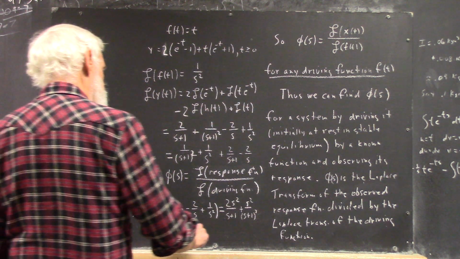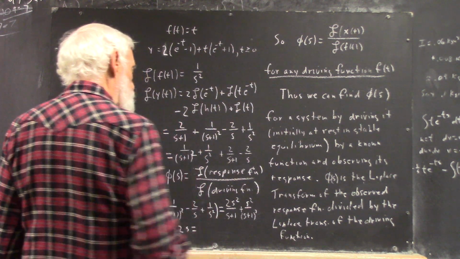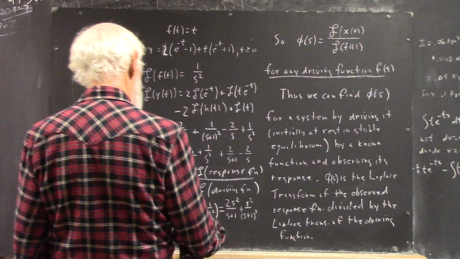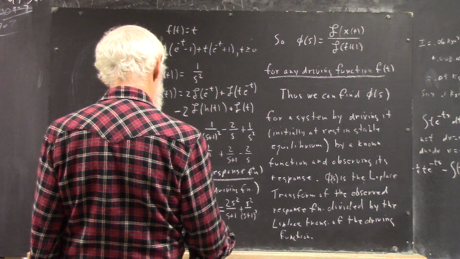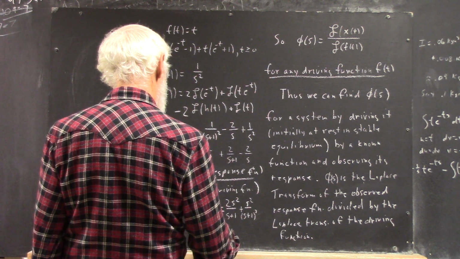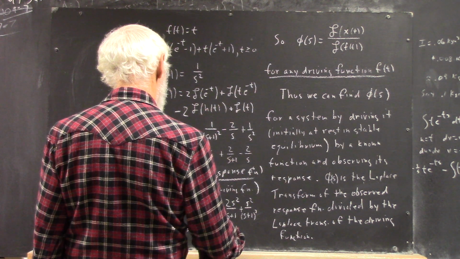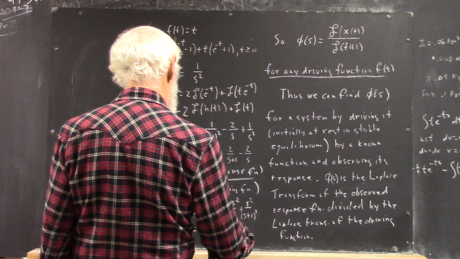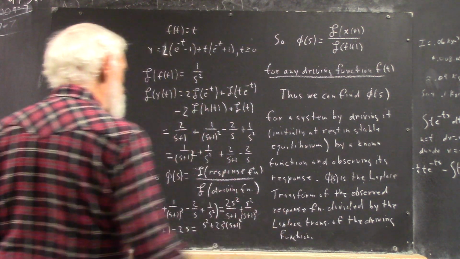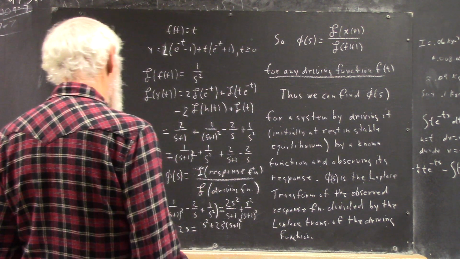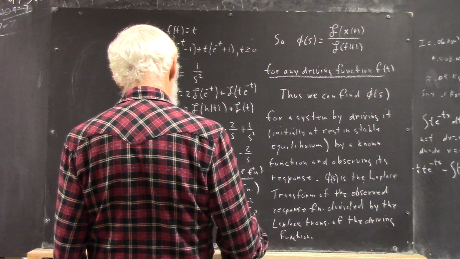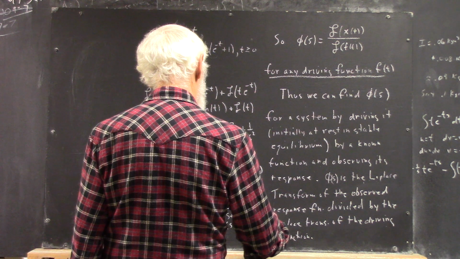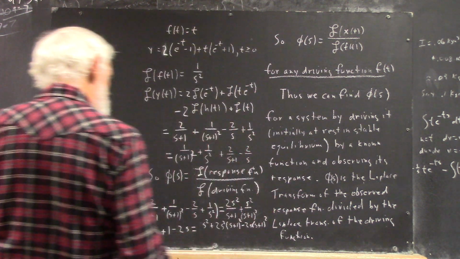Now we put that over common denominator s plus 1 squared. We get s squared plus 2s squared times s plus 1 squared, minus 2s times s plus 1 squared.